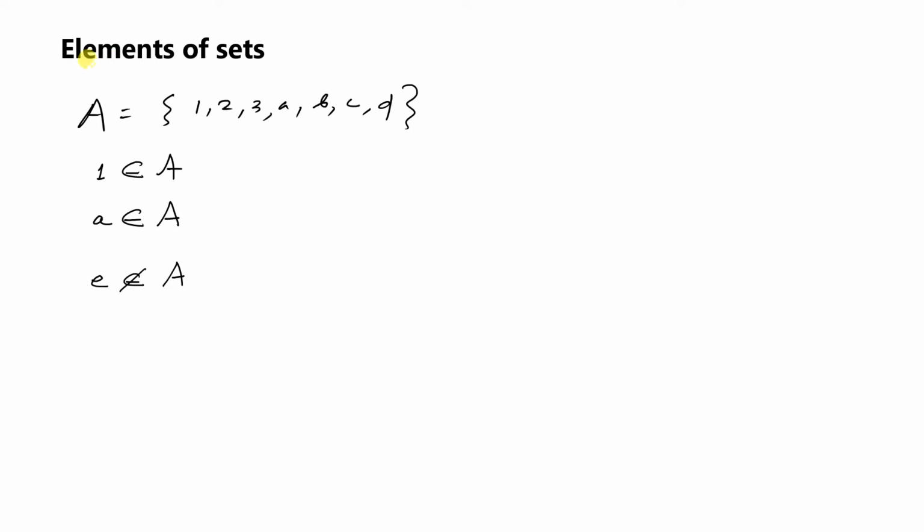This will be used in later topics, that's why I told you. So here you understand how an element can be described, whether it is a member of a set or not.